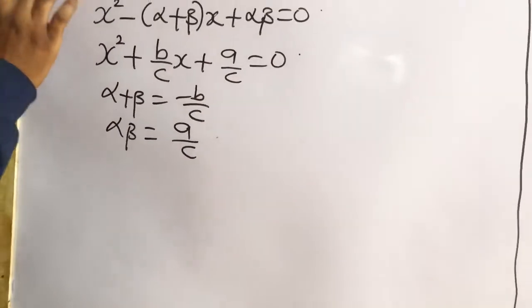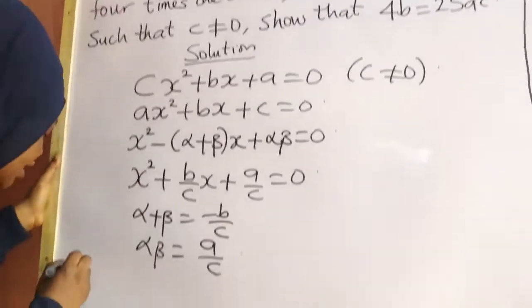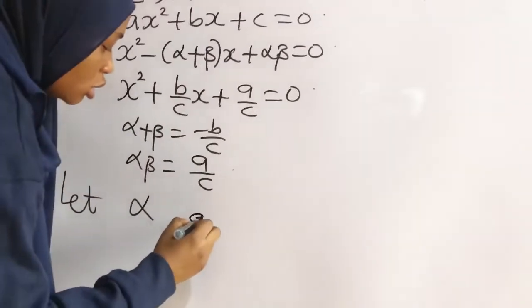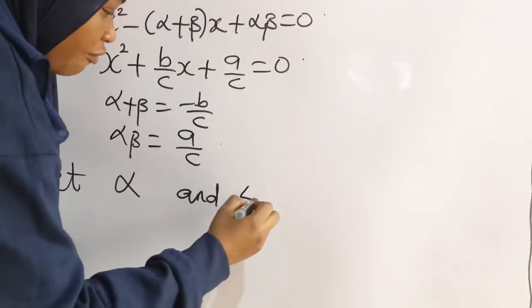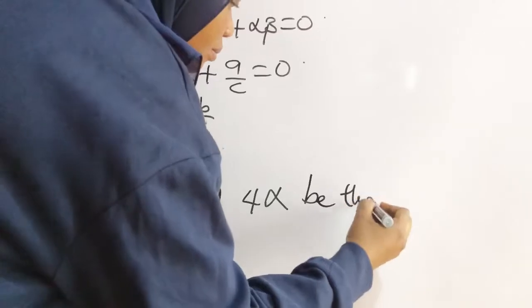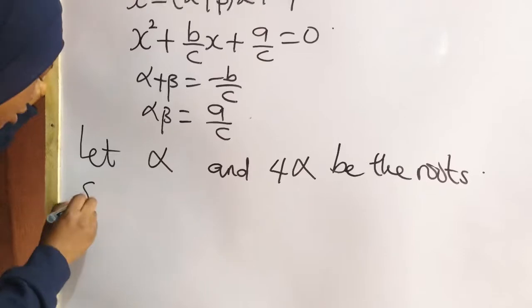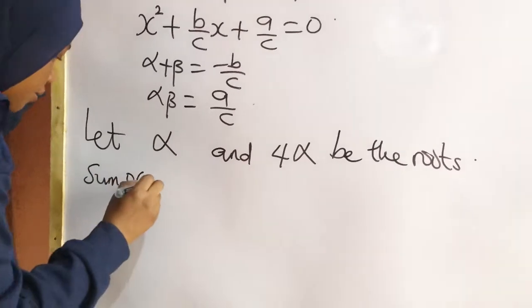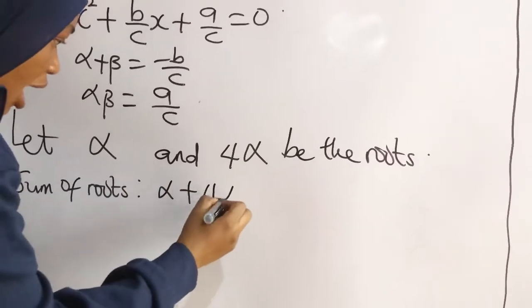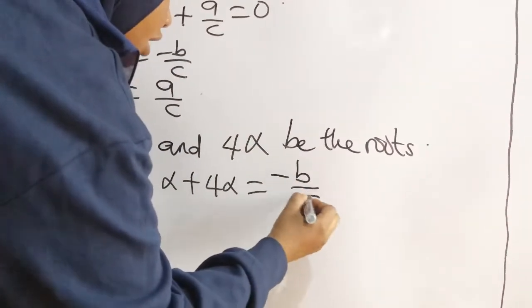So from here, the question says that one of the roots is 4 times the other. So let the first root be alpha. That means the second one will be equal to 4 alpha. Let them be the roots. So the sum of roots will be alpha plus 4 alpha, which is equal to minus b over c.